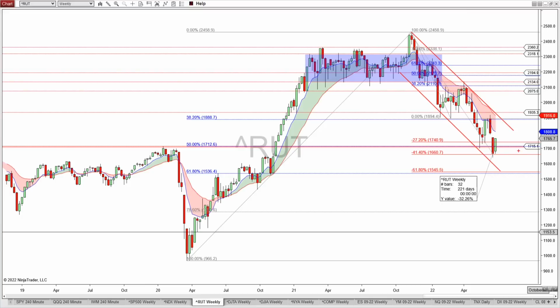And for the Russell 2000, we're also looking for a little bit of a bounce, but we weren't quite as confident as we were on the S&P 500 and the NASDAQ 100 regarding the possibility of the Russell 2000 filling this gap. We're basically looking for this to come back up to this 1740 area and possibly chop around here.